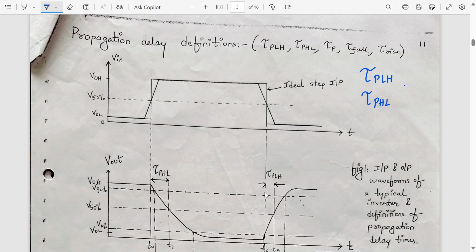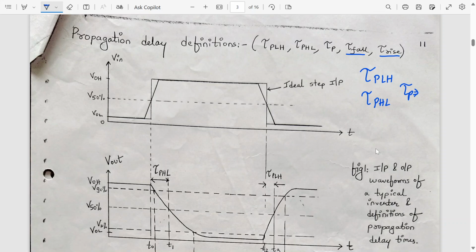Then there is the average propagation delay, given by tau P, which will be the average of the two. Then I also told you we have a rise time and a fall time associated. These are all the propagation delay definitions.